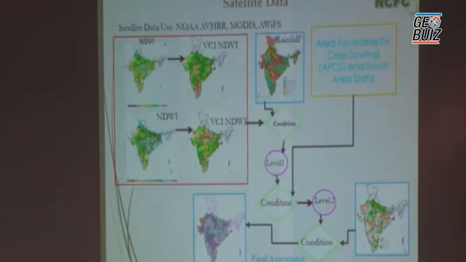We also use a lot of multispectral data for drought assessment. We use NOAA AVHRR, MODIS, and AWiFS. AWiFS especially we use when we do sub-district level drought assessment, where from the multispectral data we generate various indices called NDVI, NDWI, which are converted to vegetation condition index, combined with rainfall data, irrigation data, area favorable for crop sowing, and sown area data to generate drought assessment maps.